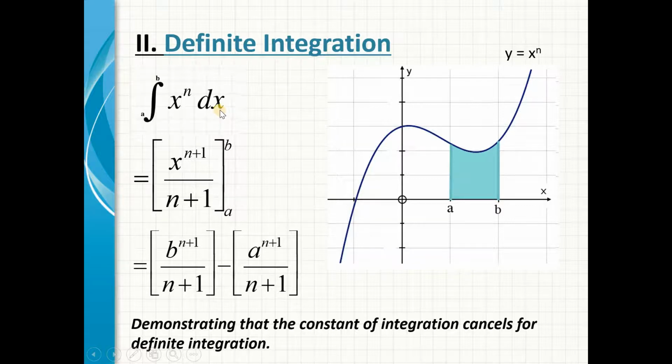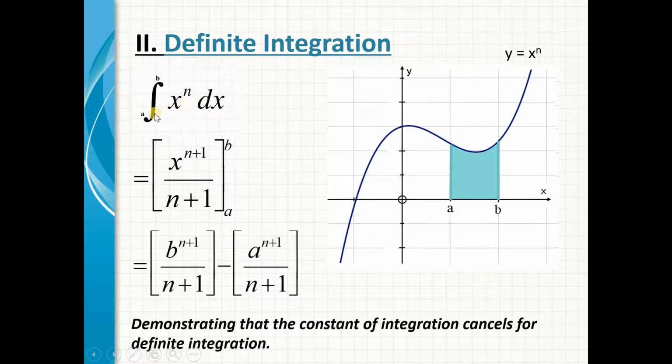I'm going to use the previous rule, which is add 1 to the exponent, divide by the new exponent. But use square brackets and write A down, B up. It means from A to B.